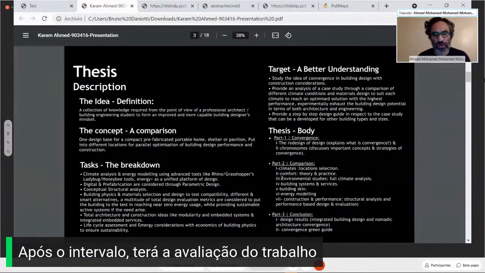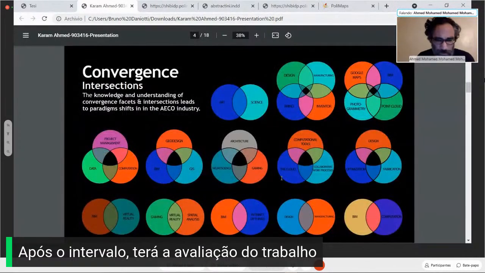And the conclusion, which shows what the result was and how we can have a theoretical guide that can lead a building designer through this whole idea of convergence in building engineering. Next, please. The intersections.